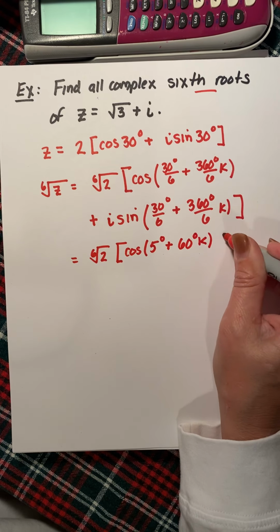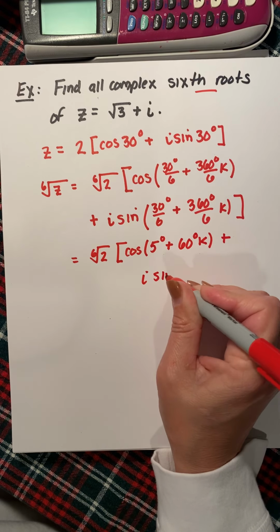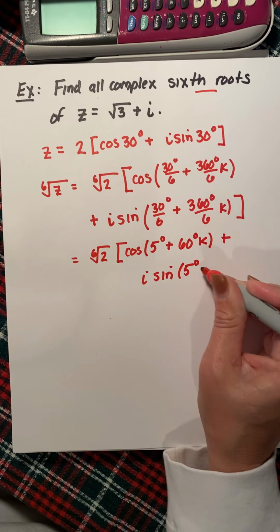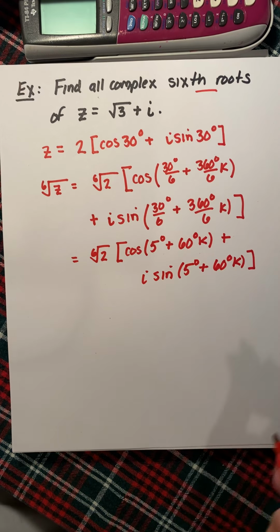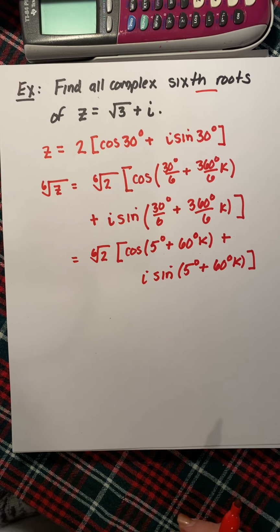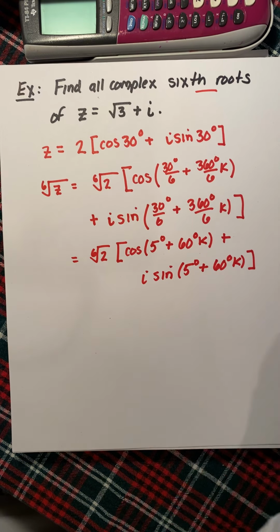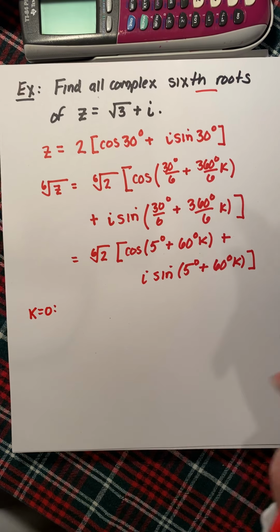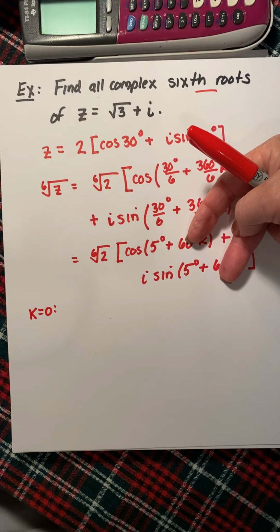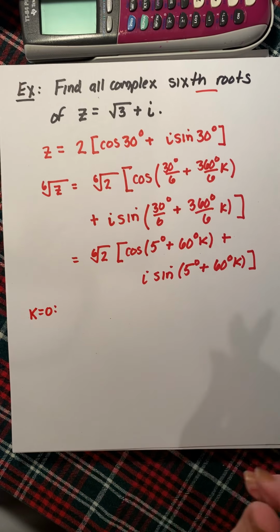So if k equals 0, so we always start with the 0 one, and that's going to wipe out this little piece right here. So the first of the 6th roots would be 6th root of 2 cosine of 5 degrees plus i sine of 5 degrees. These would cancel out if k is 0.